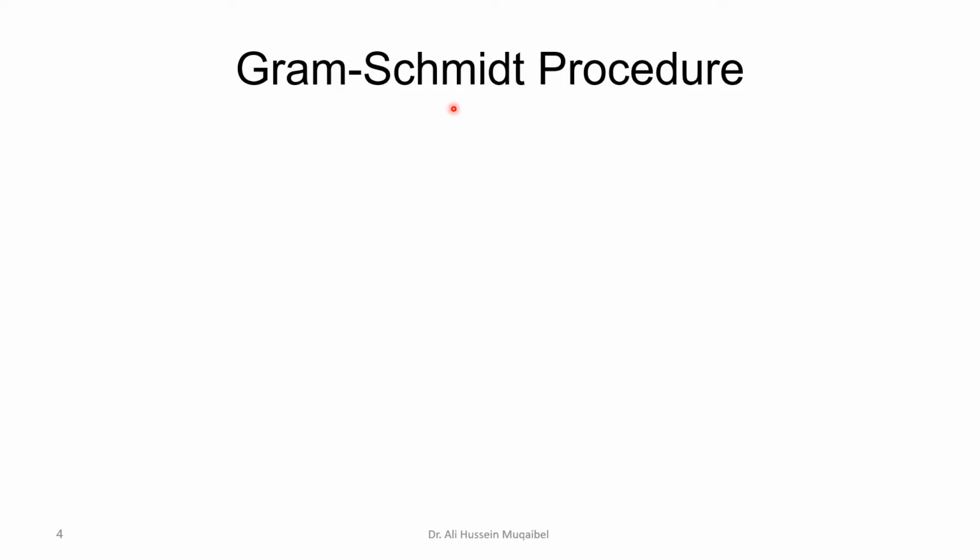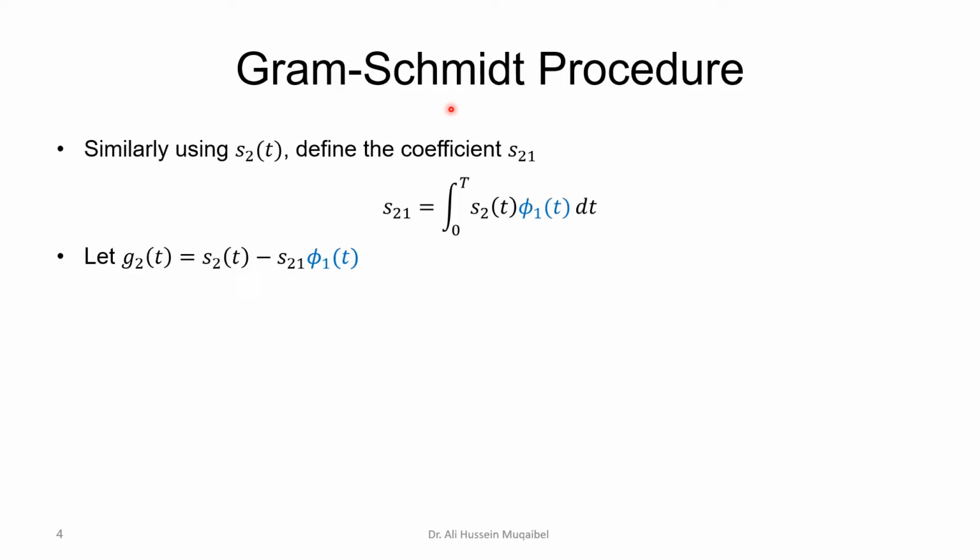Now we'll take the second signal. Similarly, I will take S2, and I can find how much of S2 is already in our first base. So we'll project S2 onto phi1, and we get S21, which is a measure of how much of S2 is already in the first base. We'll get that one. And now we'll see how much residual we have.